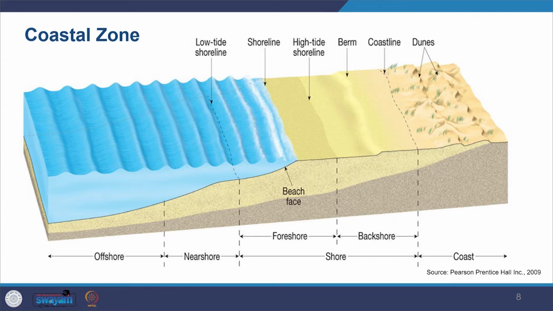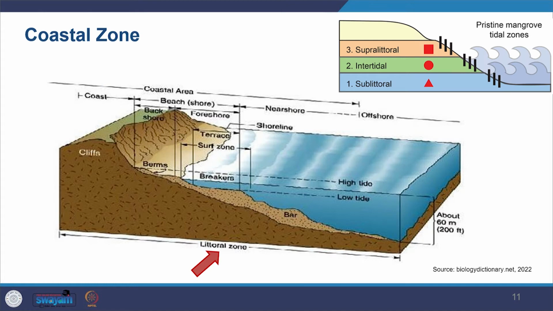So here you see the entire coastal area and all the terminologies here. So looking at the supralittoral term, supralittoral is above the high tide mark and is usually not underwater.